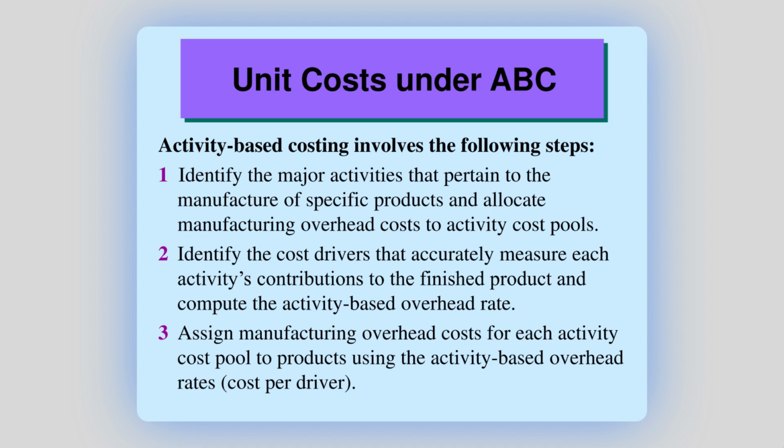Number 2, identify the cost drivers that accurately measure each activity's contribution to the finished product and compute the activity-based overhead rate. First, we get our activity cost pool, then the cost driver. And number 3, you just assign it to the manufacturing cost or the overhead cost.